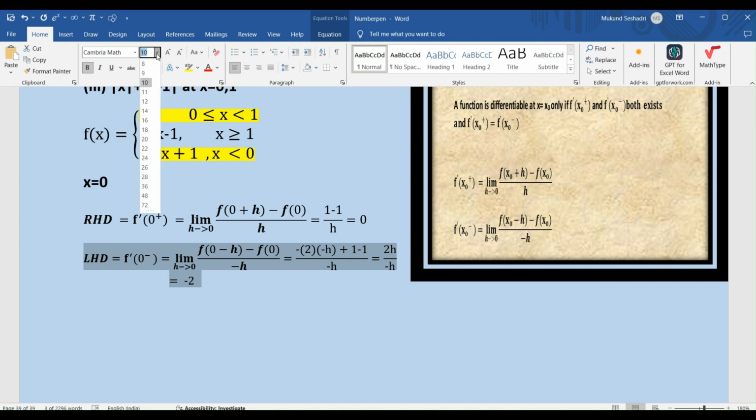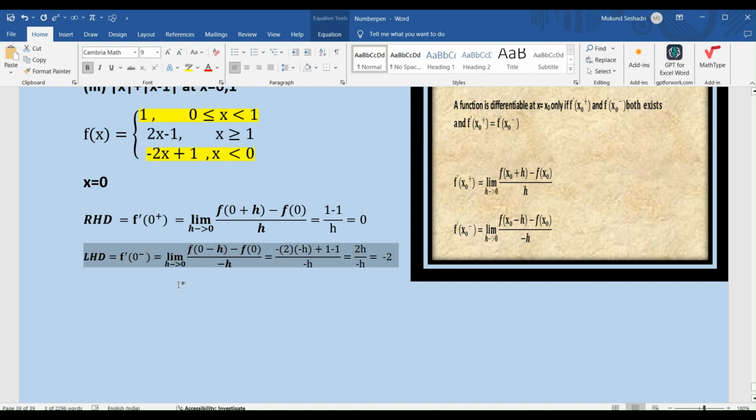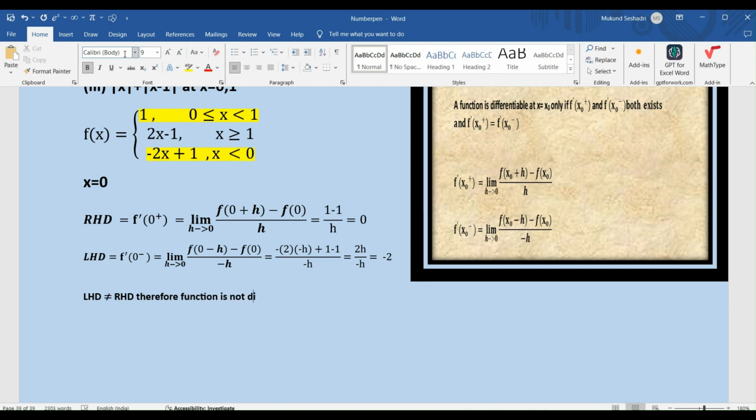So though both are finite, I can comfortably say that the function is not differentiable at x equals 0, right? Because my LHD is not equal to my RHD. Therefore, the function is not differentiable at x equals 0.